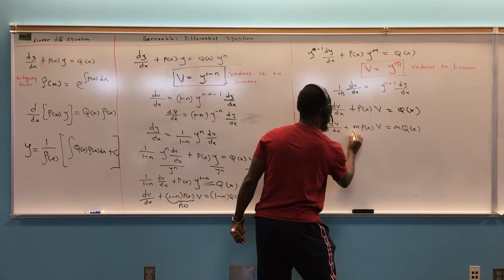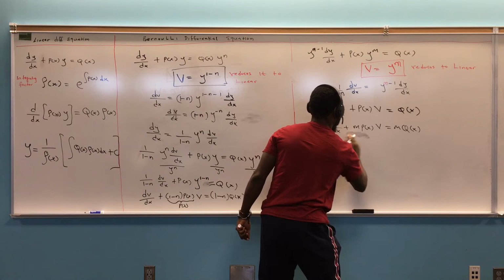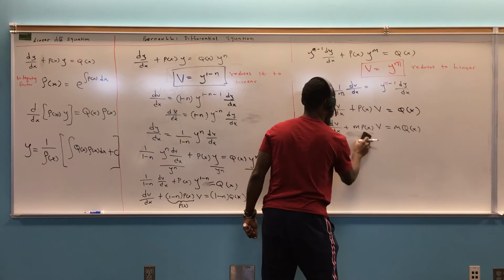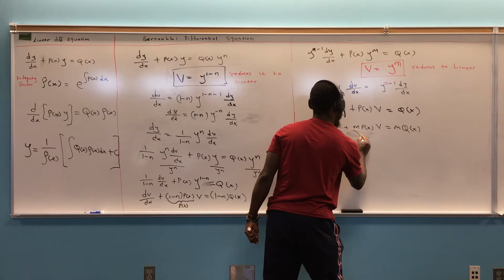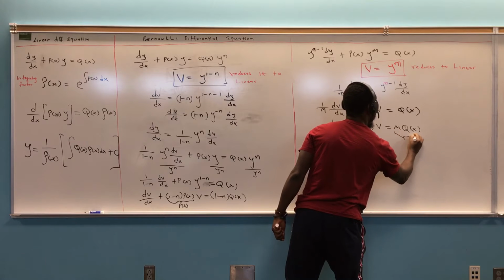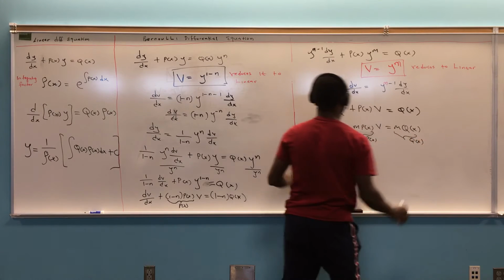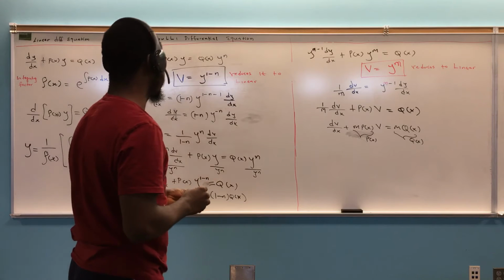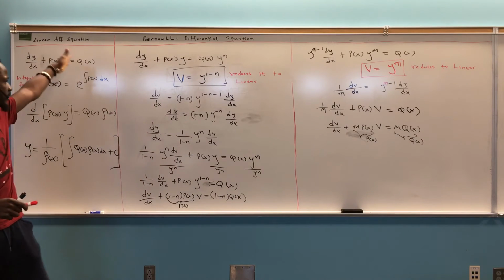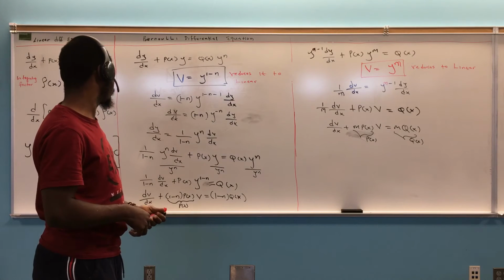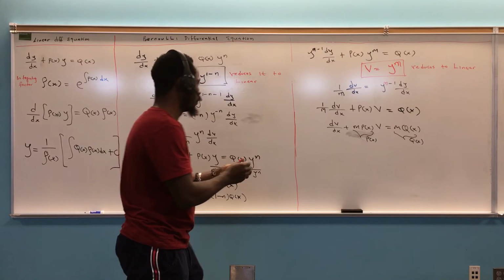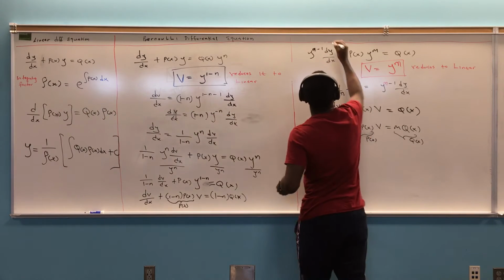This is my new p of x, and this is my new q of x. So this makes it easier, and it is exactly linear. Now you can use this approach to solve it. I'm going to use this to solve the question real fast.